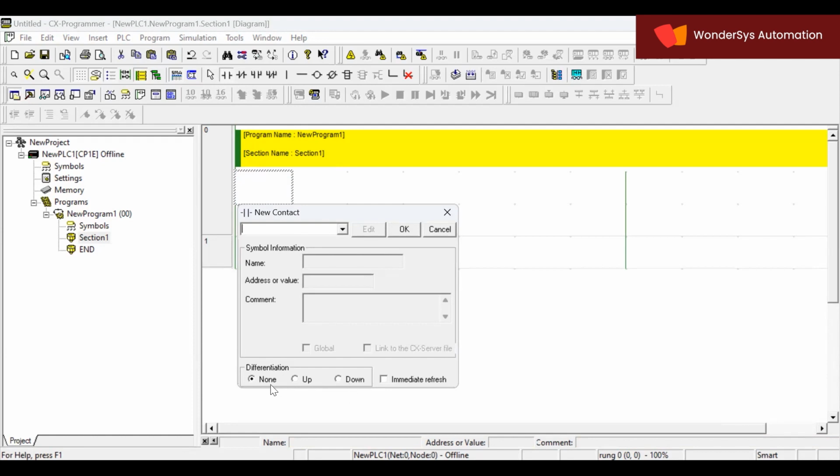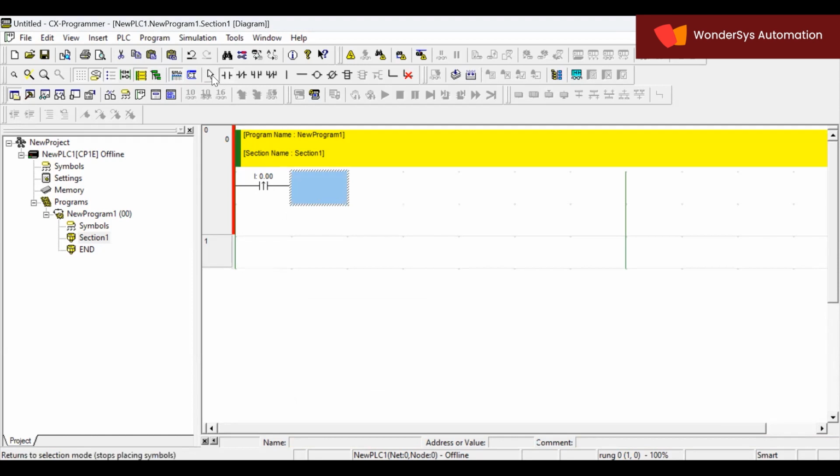None means it's a normal NO contact. If you use up, it will become positive edge triggered, and the representation will be like this. There will be a rising arrow indicated. Understood? That is how to take a positive edge triggered contact.